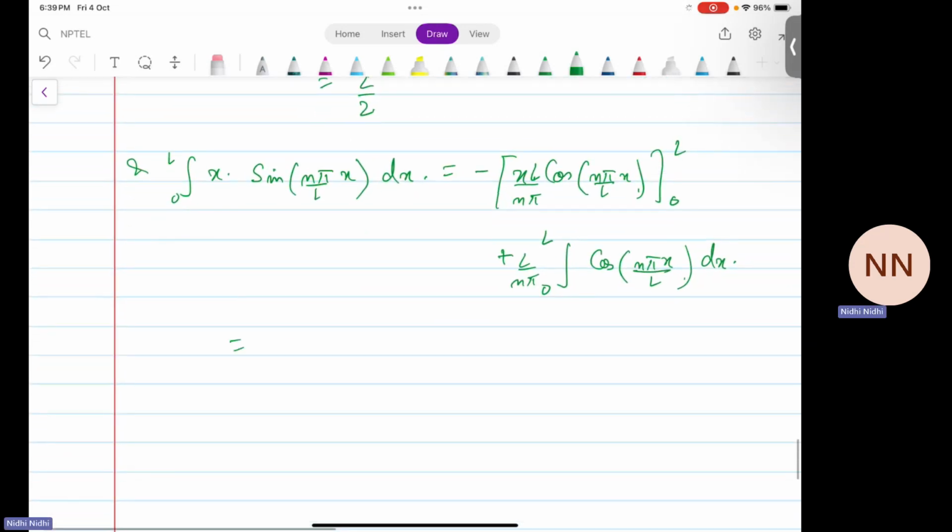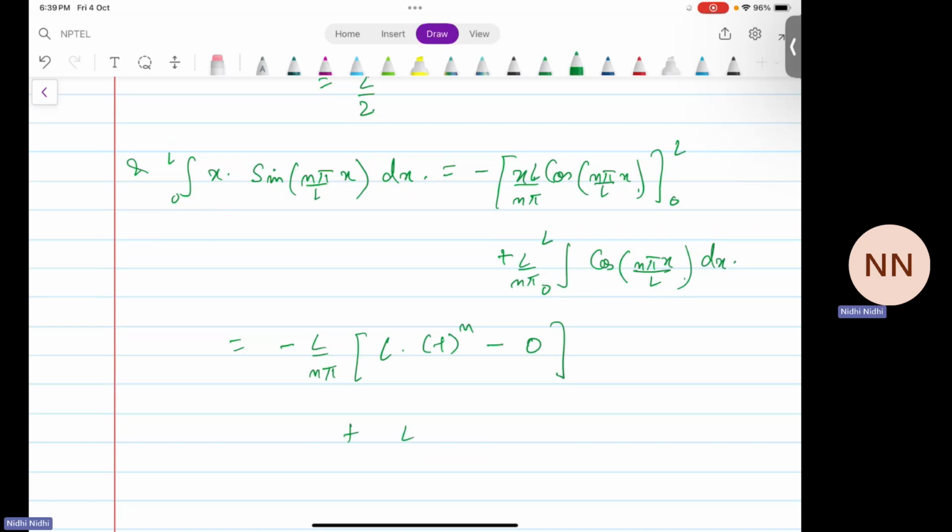So this is equal to minus l by n pi. Putting x equals to l, we get l times cos n pi. We know that cos n pi is minus 1 to the power n. Minus, putting x equals to 0, we are left with 0.